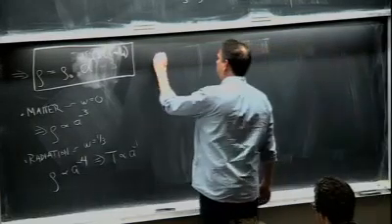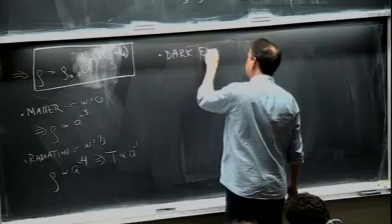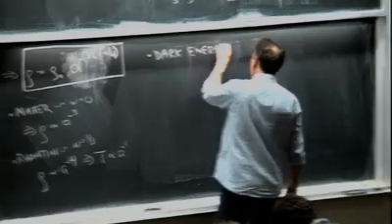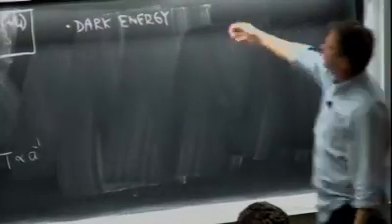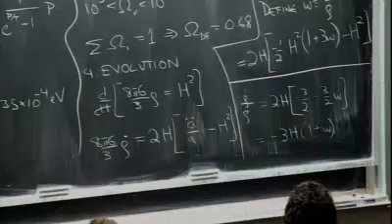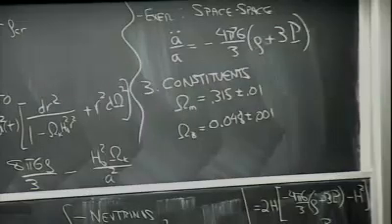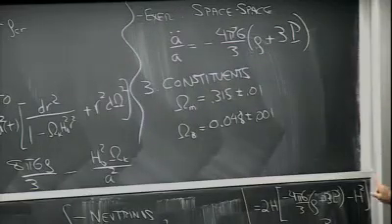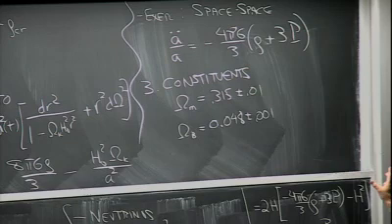And the third example is dark energy. The one thing we know about dark energy is that the universe is actually not decelerating today. You read about it in the newspapers. It's accelerating. That means the right-hand side over there has a minus sign out in front. It's got a rho, which is positive, times 1 plus 3w.